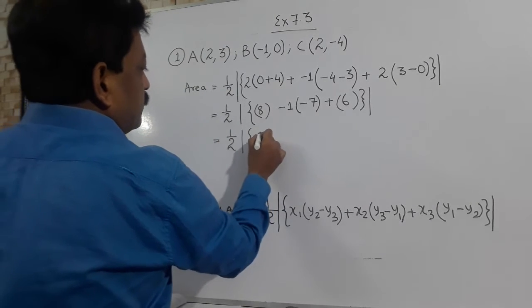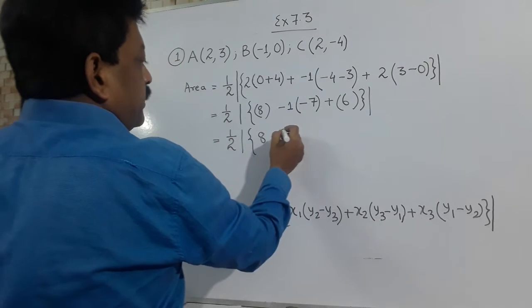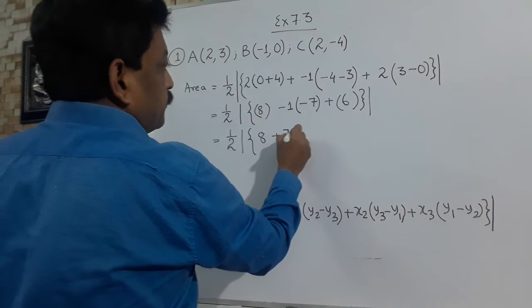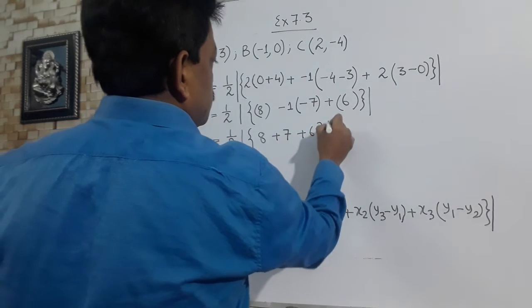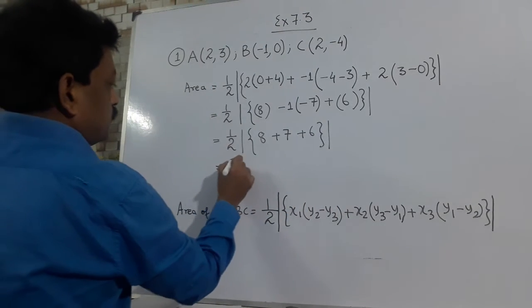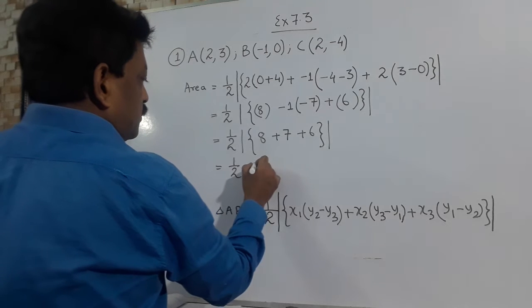This is 8. This is minus 1 into minus 7 is plus 7, and then plus 6. Half, 15 plus 6 is 21.